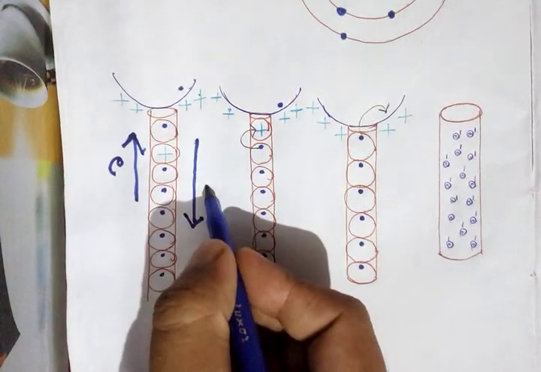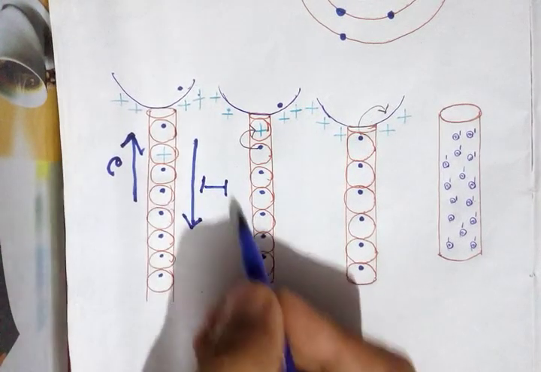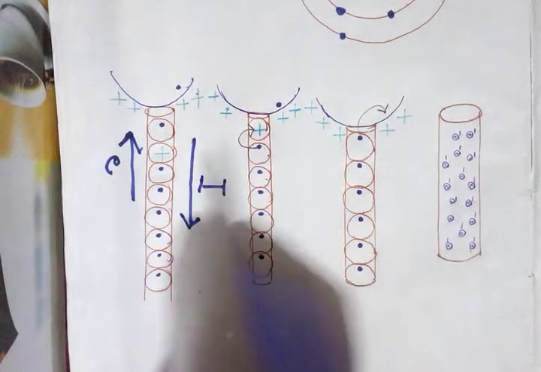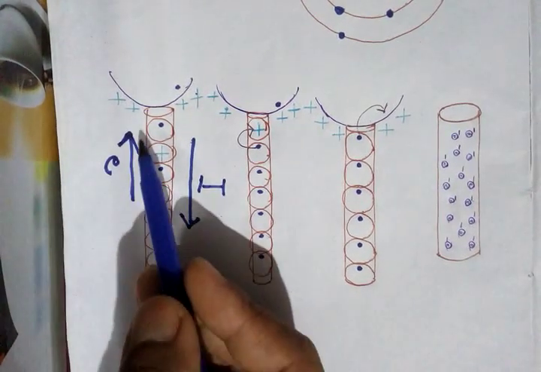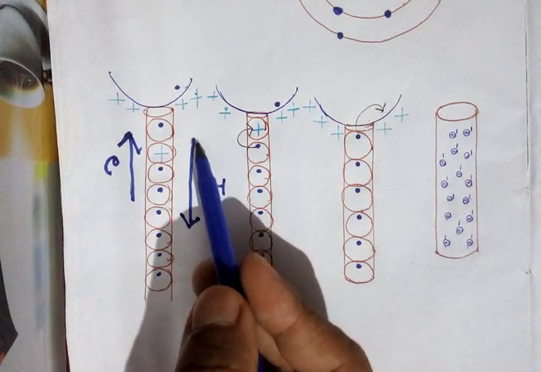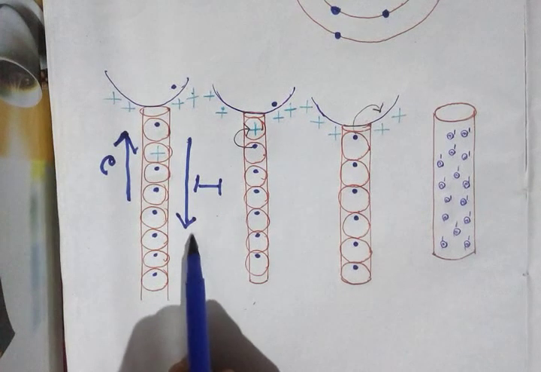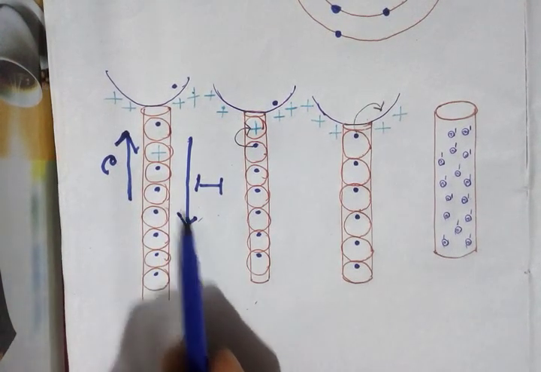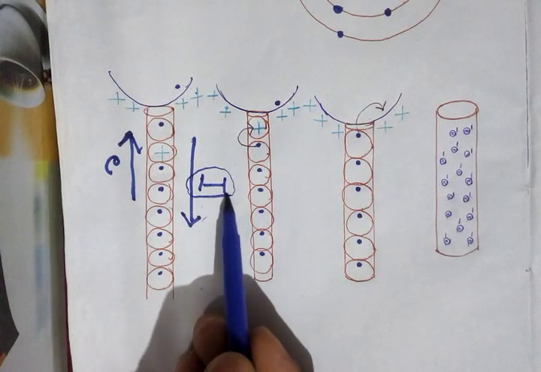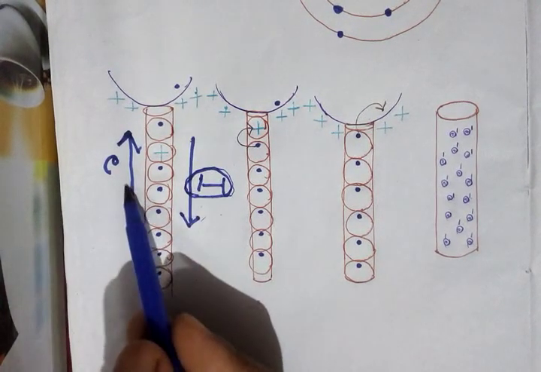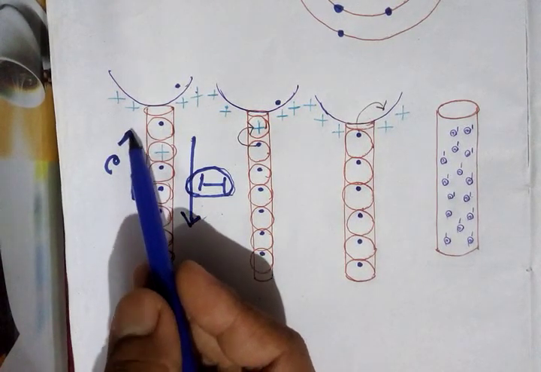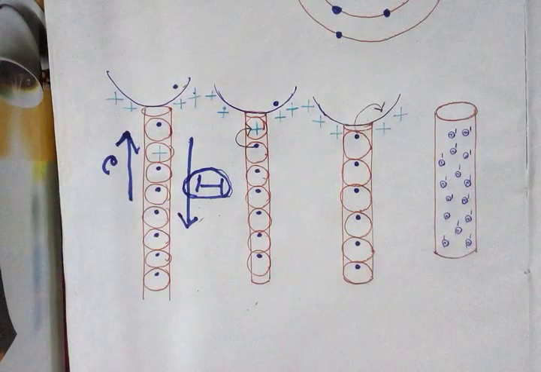The symbol of current is I. Due to flow of electron towards left, we get a flow of positive charge towards the right direction.